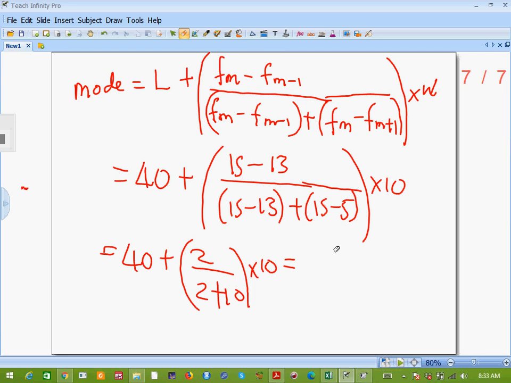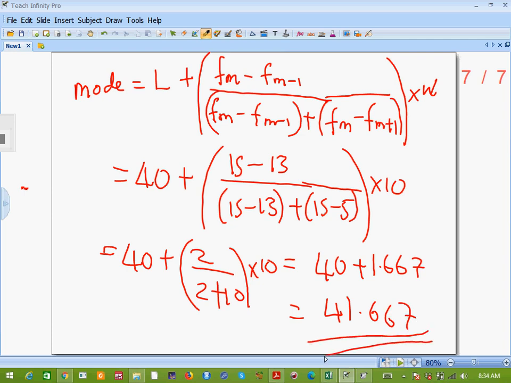You first begin with what is in the bracket, find it, multiply by 10. After that you add to 40. So the answer will be 40 plus 1.667, which just gives you 41.667.